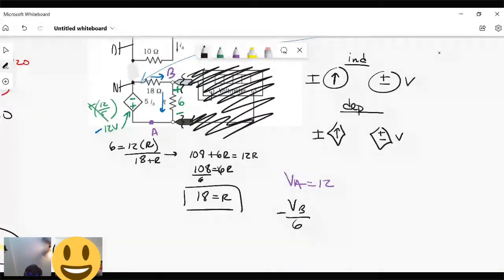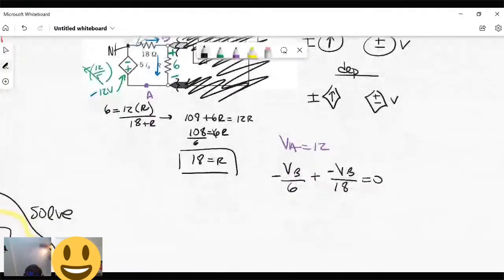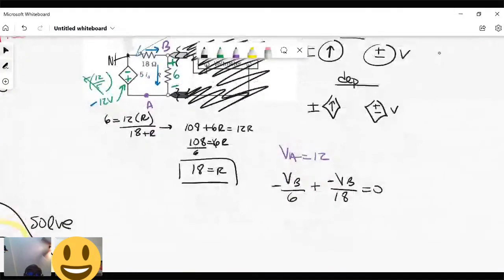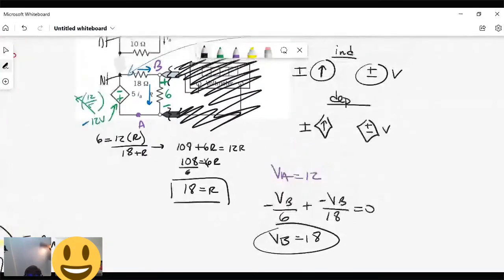And so that's literally how that works. And this will solve out to say VB equals whatever that'll be. It'll be 18. This will be R. Oh, I messed you up.